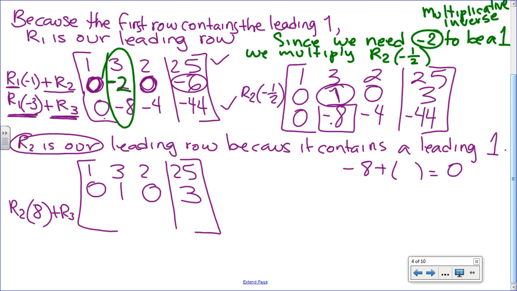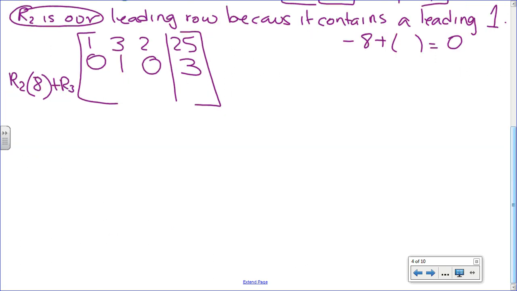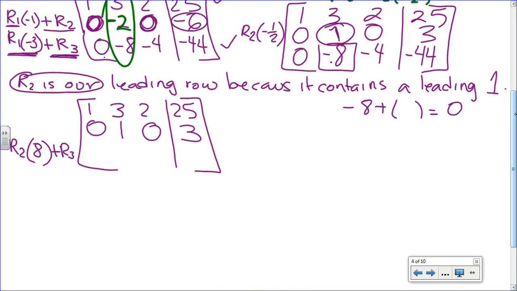Okay, so positive 8 times R2 from here, 0, 1, 0, and 3. That will give me 0, 8, 0, and 24.